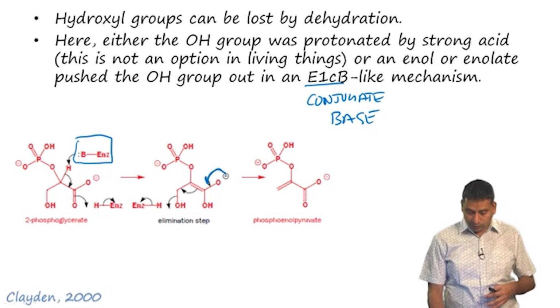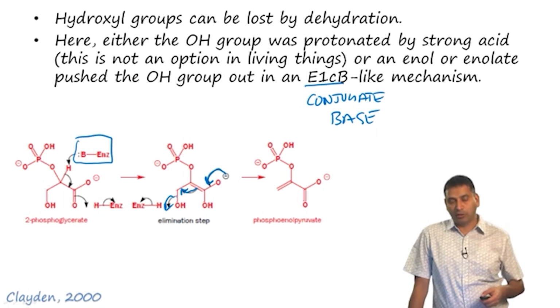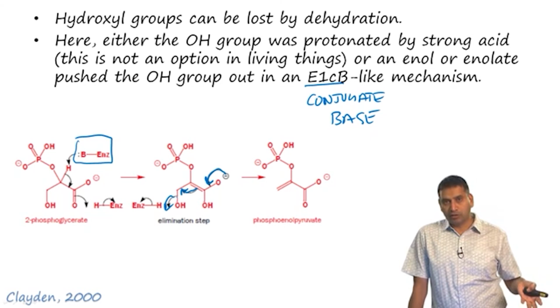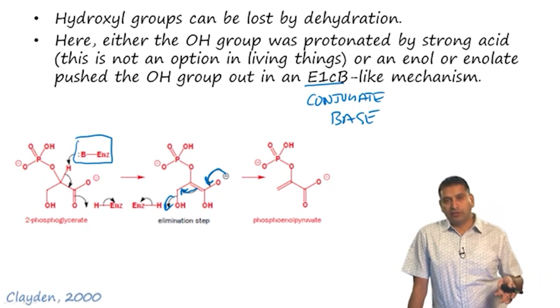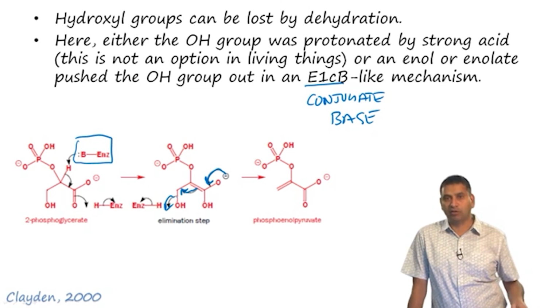You have these electrons being pushed here, which then kicks out a hydroxide ion to give you phosphoenol pyruvate. Therefore, phosphorylation of the enol does not occur, but instead phosphoenol pyruvate is synthesized by a process in which you form an enolate, which then kicks out, through an E1CB mechanism, a hydroxide ion to produce the phosphoenol pyruvate.